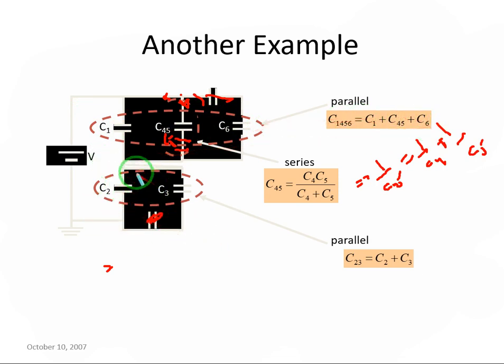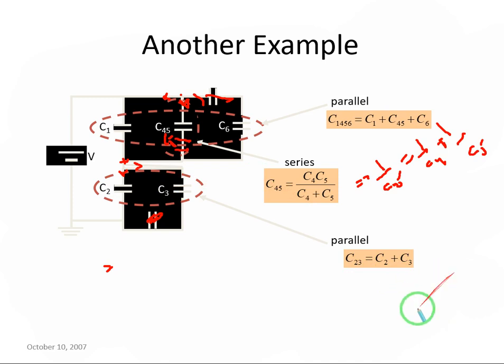Then coming to this way, the current is coming to this point. Then it's going to be divided in two directions. If you can see, again it's going to be divided in two directions. It means C2 and C3 are in parallel now. Again parallel, so C23 is equal to C2 plus C3.